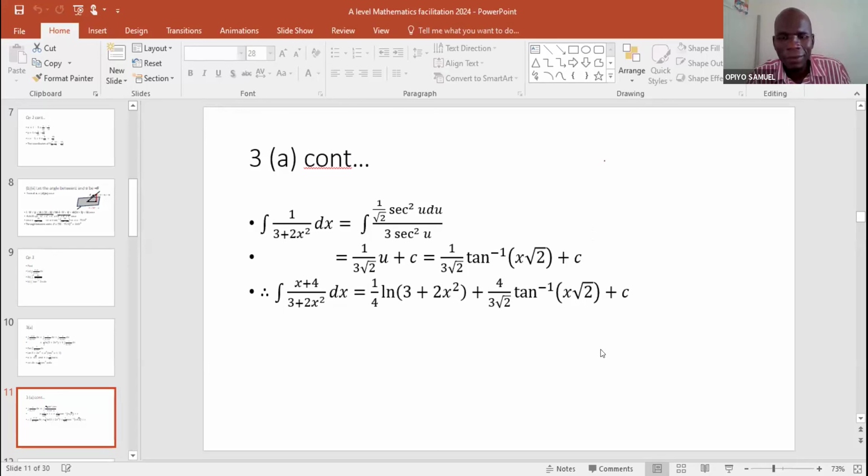I thought for the first integration, we are going to use change of variables.